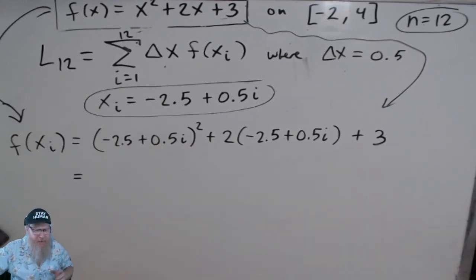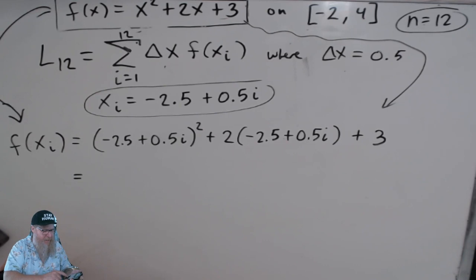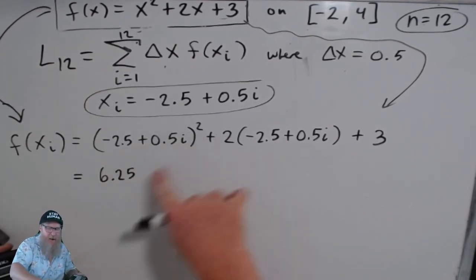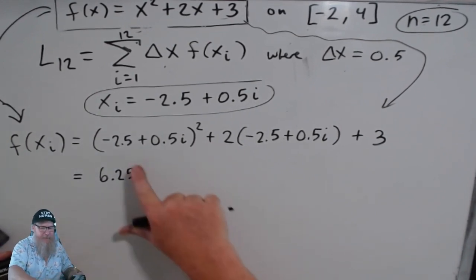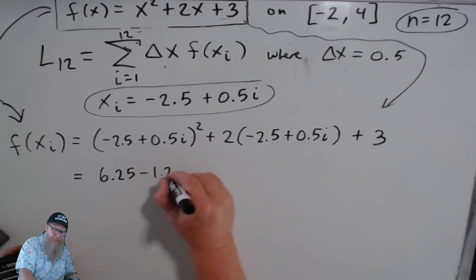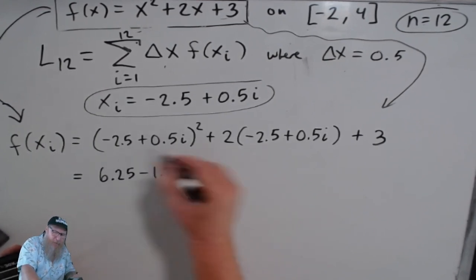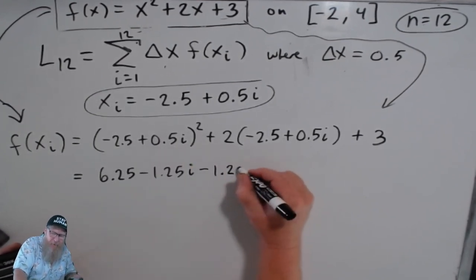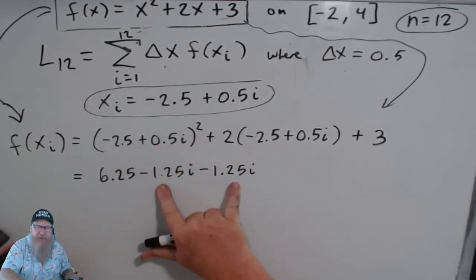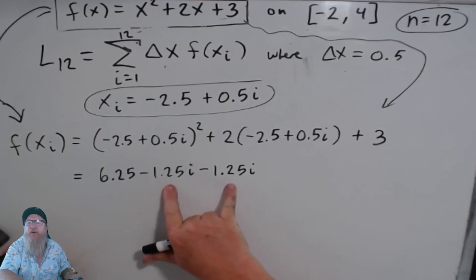Practice your algebra. If you have to use a calculator to help you, 2.5 squared is 6.25. It's a negative squared, so it's going to be positive. 2.5 times 0.5 is 1.25. But then you have to do it again, so you get a negative 1.25. When you square a binomial, you always get two copies of the same term in the middle.